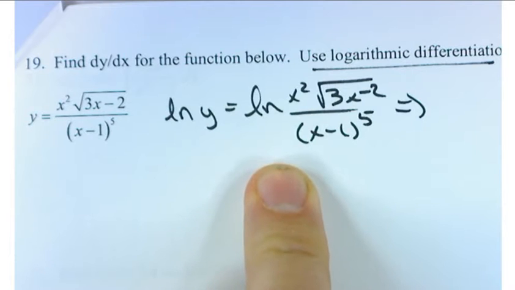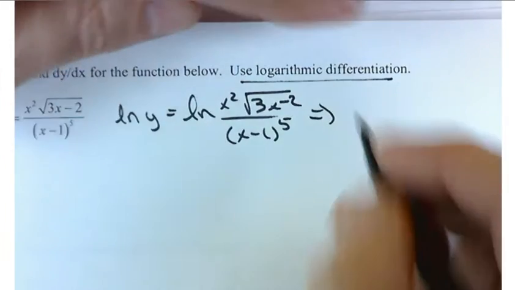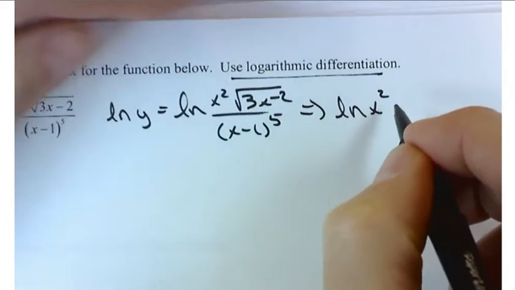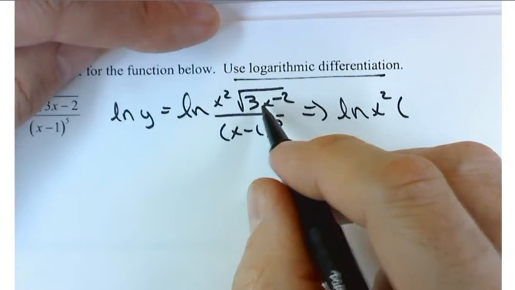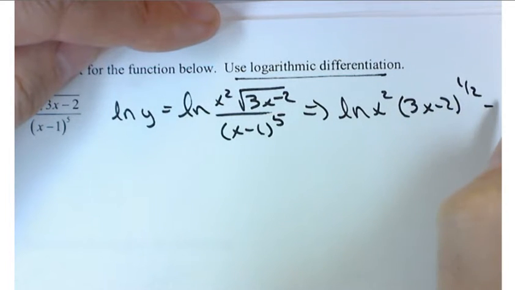So on the right-hand side, I can rewrite this a little bit using the properties of logs. It's going to be the log of the numerator minus a log of the denominator. Now I'm going to rewrite square root of 3x minus 2 as 3x minus 2 to the 1/2, minus the ln of x minus 1 to the 5th.